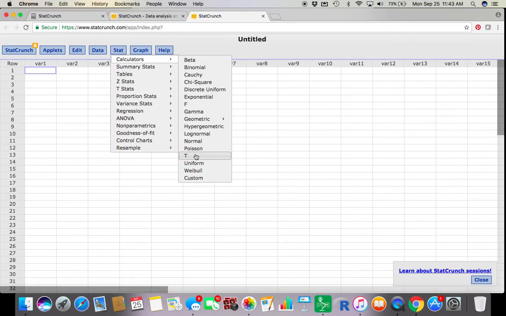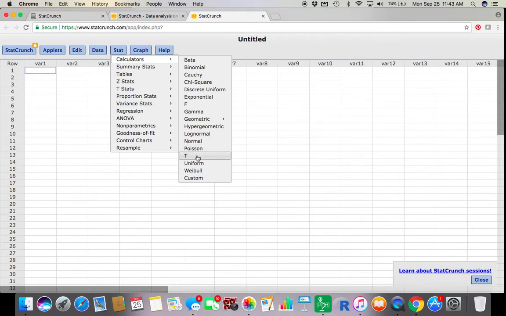Now, I'll tell you a little bit about the history of t. There was a guy, his name was William Gosset. He was from Ireland, so I assumed that he probably drank a Guinness or two in his life. But what he found out when he worked with small samples where the population standard deviation wasn't known is that the simulations didn't match up with what the calculations for the normal distribution were giving.